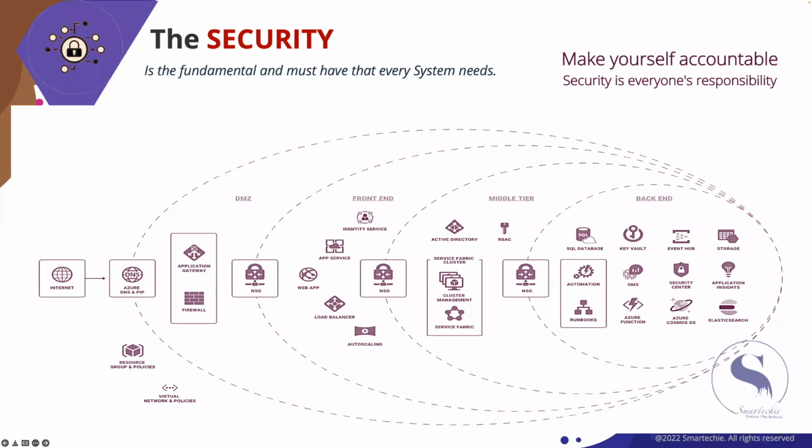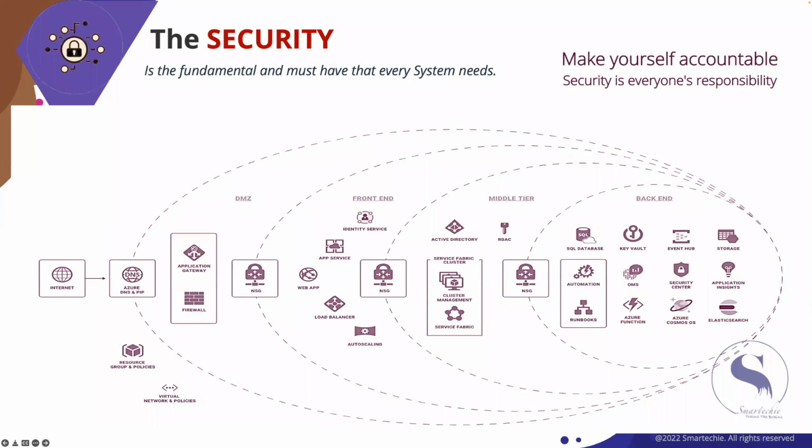In every layer where we have been putting a load balancer and those kinds of components to make the whole product performant, we can also implement the security system to make the whole system completely secure, right?